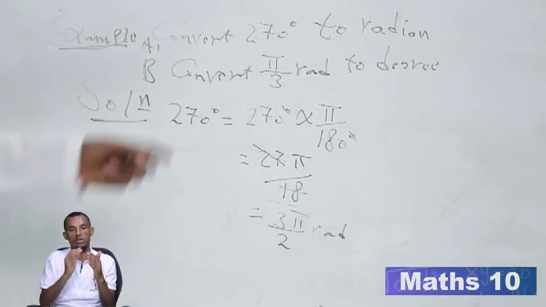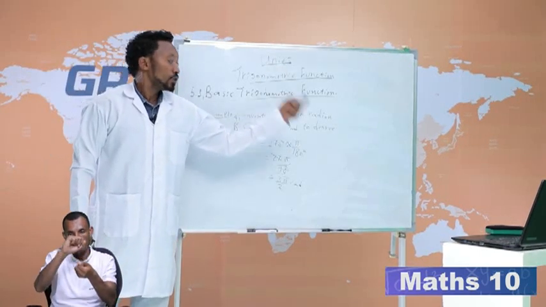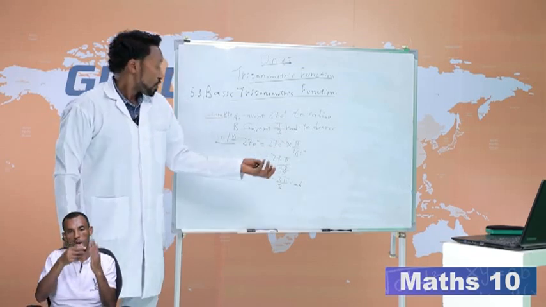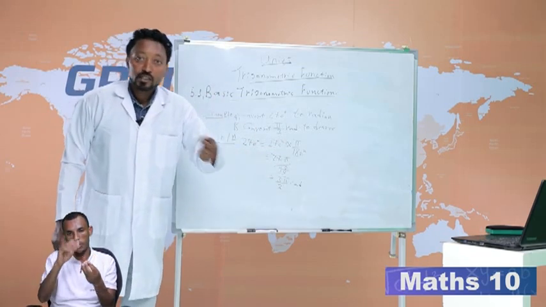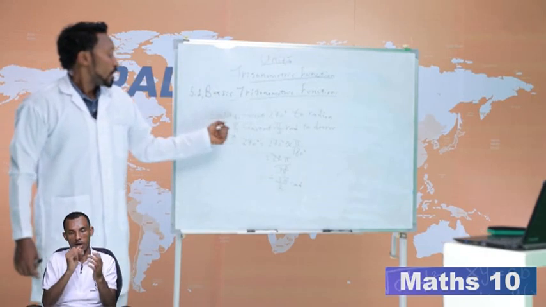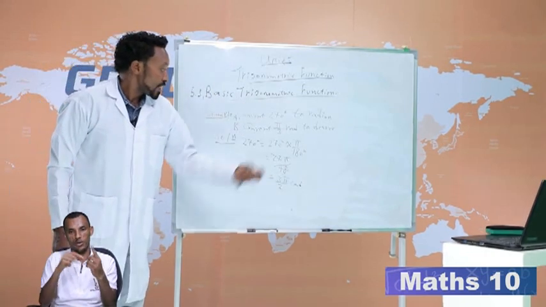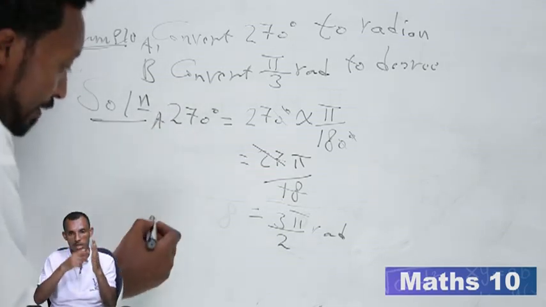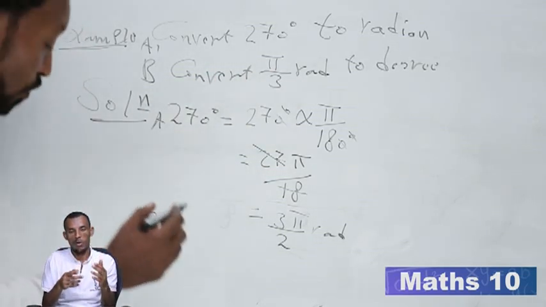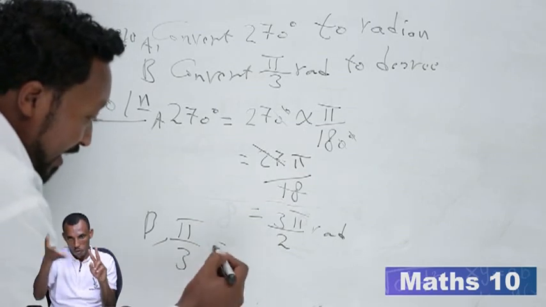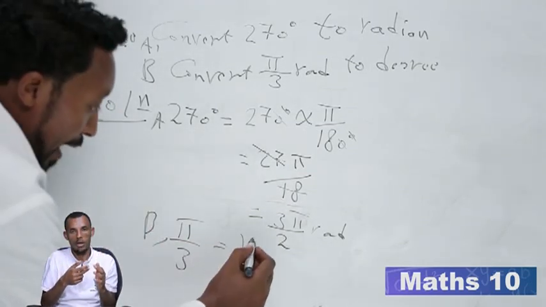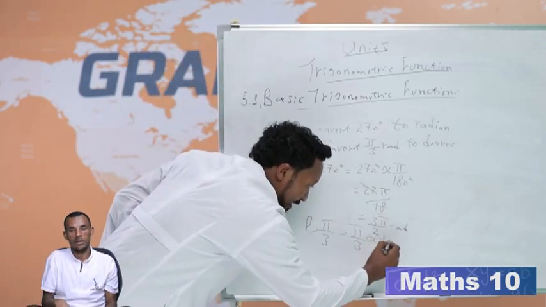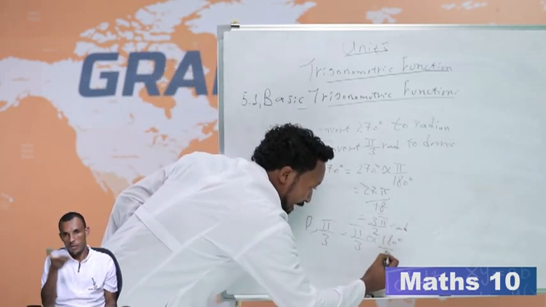What is the next one? How to convert pi over 3 into degree? What is the conversion factor for converting radian to degree? The conversion factor is 180 degree over pi. So pi over 3 means pi over 3 multiplied by 180 degree over pi.